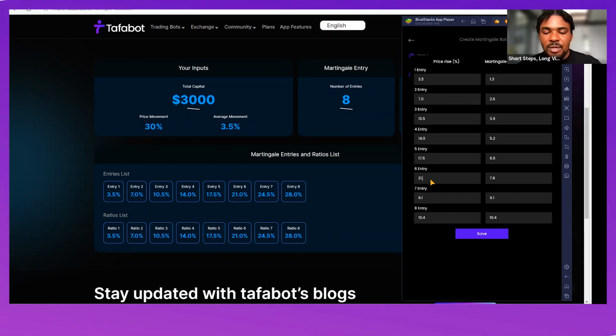Then I have 21.0. And I got 24.5. And finally, at 28%. And then I'm also going to create the same structure for my ratio. So in my ratio, I have the same kind of system.